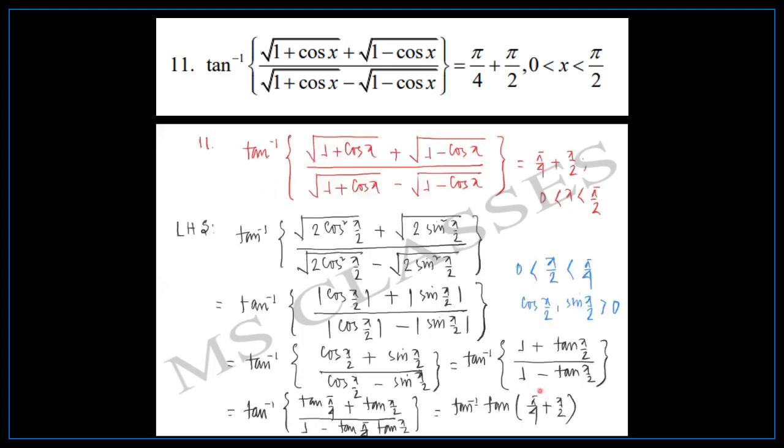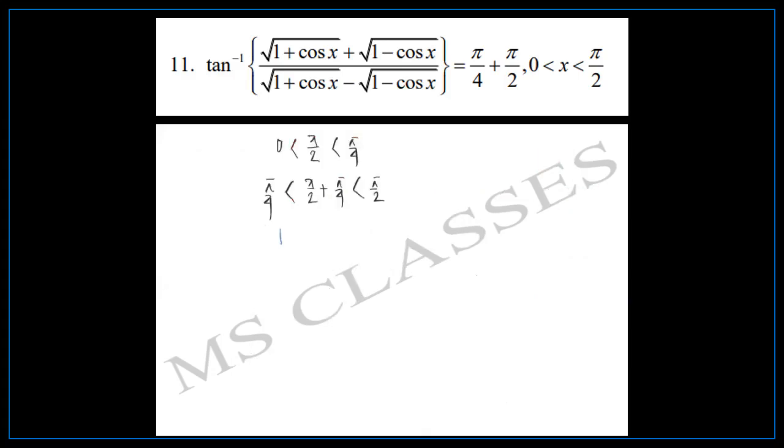So here this whole value is lying from pi by 4 to pi by 2. Now tan inverse of tan x will be x when x lies from minus pi by 2 to pi by 2. That is, tan inverse of tan x equals x when x belongs to minus pi by 2 comma pi by 2. So here we can write tan inverse of tan pi by 4 plus x by 2 equals pi by 4 plus x by 2. Why can you write this? Because it's lying from pi by 4 to pi by 2.